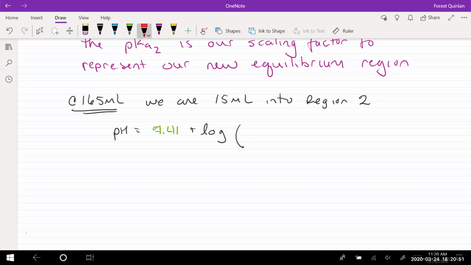So we get to go back and say 0.012 all over the acid, which we're still neutralizing, which is 0.12 minus 0.012.